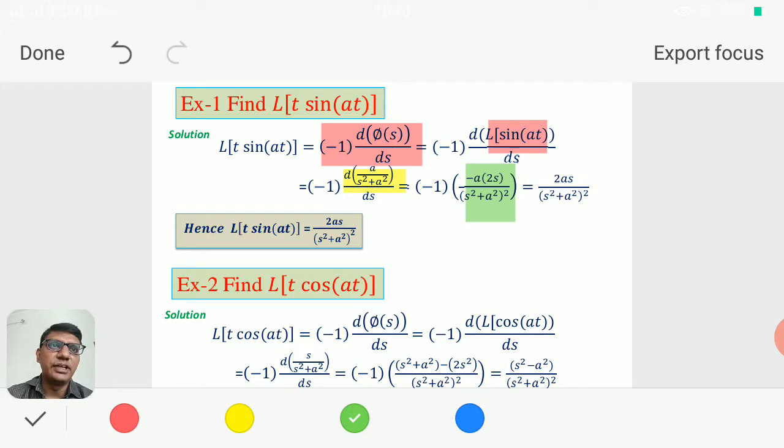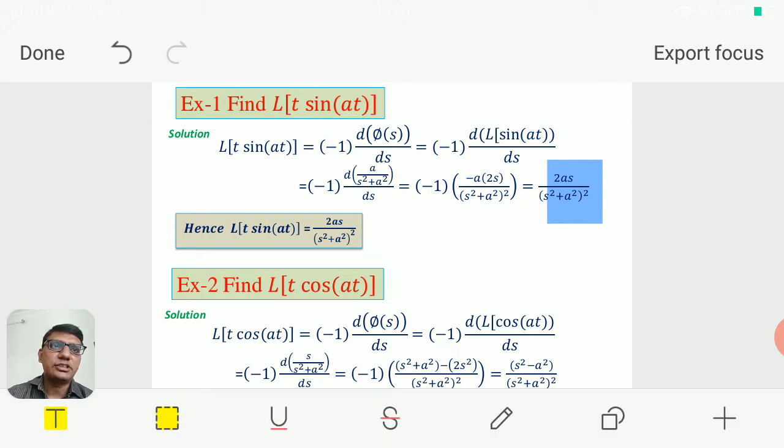Now we simplify it and get the final answer. Hence Laplace of t sin at is 2as upon s square plus a square the whole square.